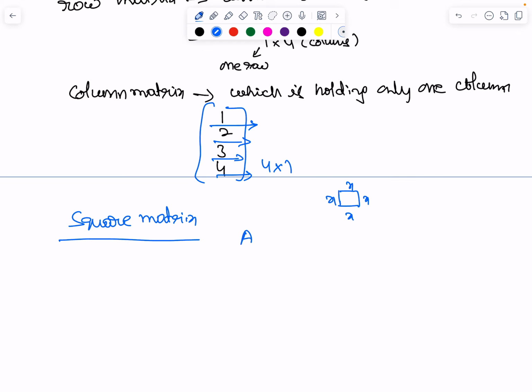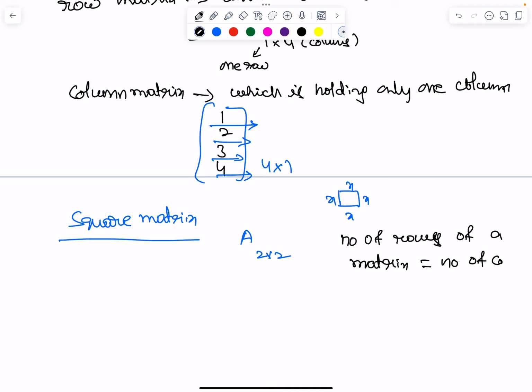Therefore, whenever you define a matrix A, the number of rows of a matrix must be equal to the number of columns of a matrix. For example, you see here the rows and columns are same, therefore square matrix.